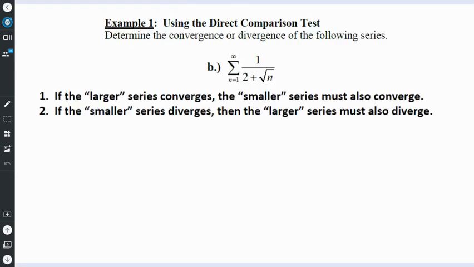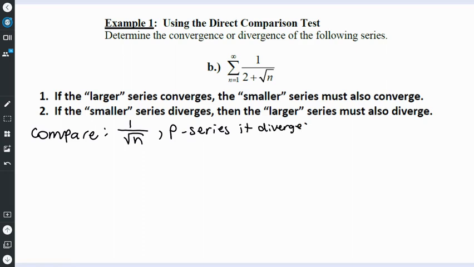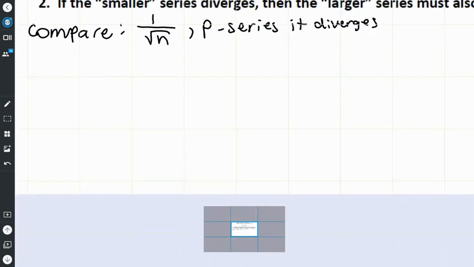What does all of that mean? We compared it to what? P series, which was 1 over the square root of n, right? And then you guys mentioned that by the P series, it diverges. But then we determined that's inconclusive, right? Well, what if we do the limit comparison test?